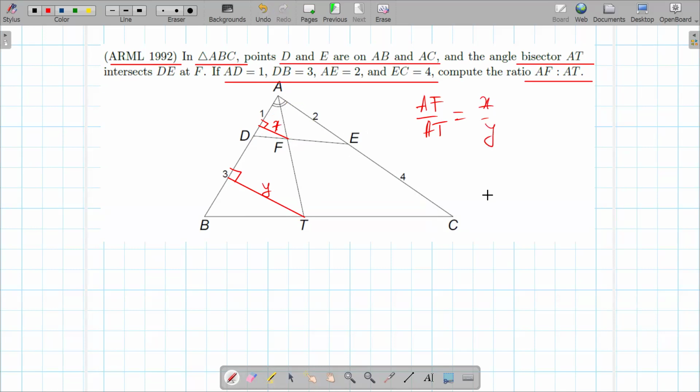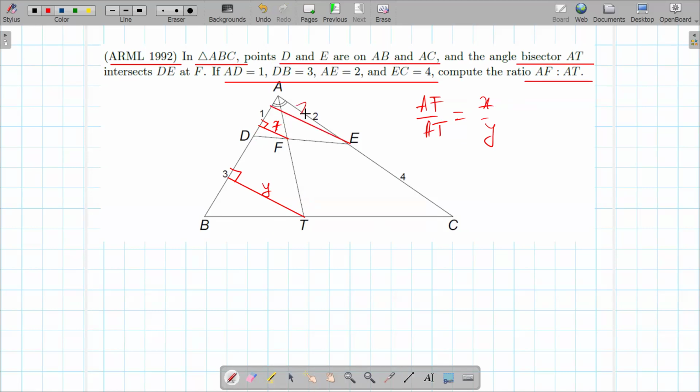Well, so now we actually want to compute the ratio X over Y. How do we do it? Well, for example, what you can do is this. How do we go from X to Y? Well, how about we go from this height, which is X right here, to the height from E onto AD.